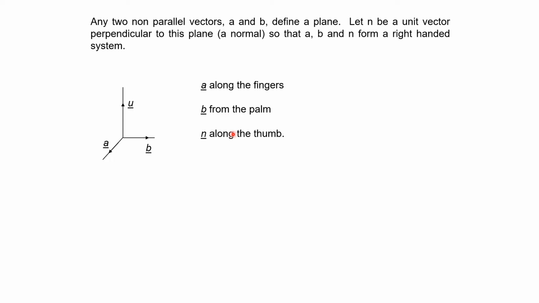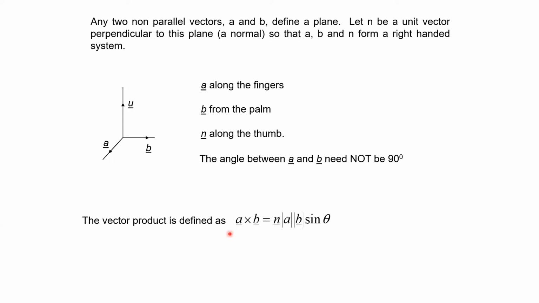In this case, the angle between A and B need not necessarily be 90 degrees in order for the cross product to take place. By definition, the vector product is defined as A cross B equals n, or u in this diagram, which is the same as n, times |A||B| sin theta.